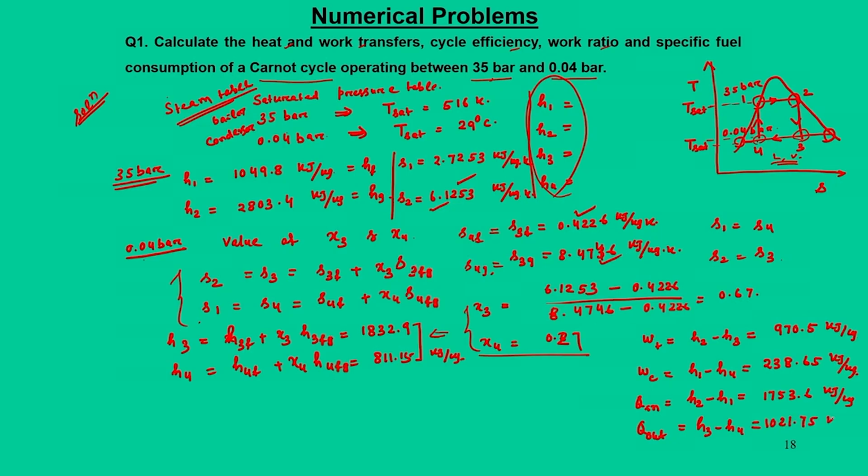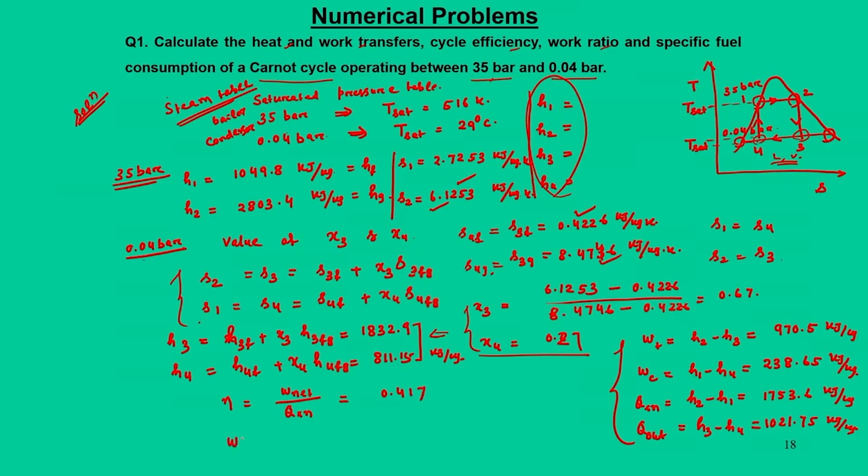So, this number is 1021.75 kilojoule per kg. Once we know this, we can calculate efficiency, that is W net by Q in, which is 0.417.